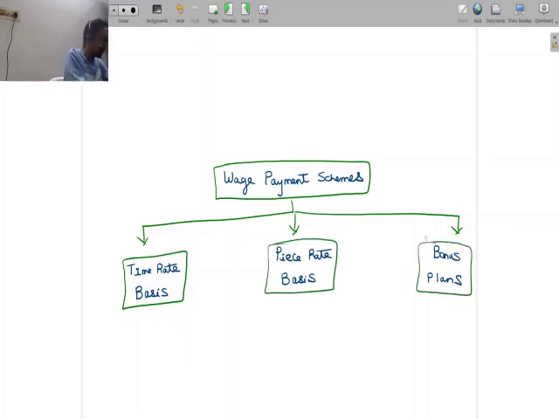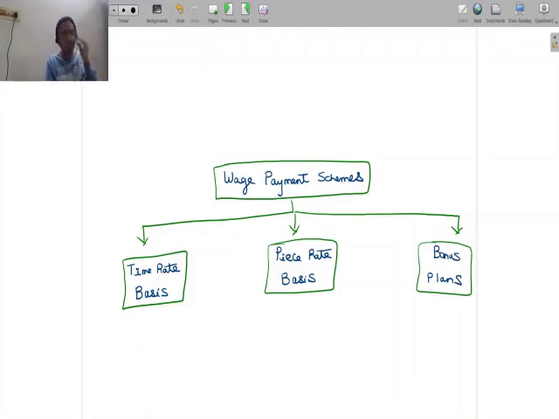So we are going to be looking at three parts here: time rate basis, piece rate basis, and bonus plans. Let's quickly look at what each of these things are, and we will learn them a lot more in detail by looking at some questions. Through those questions we will understand the application of all of these concepts.